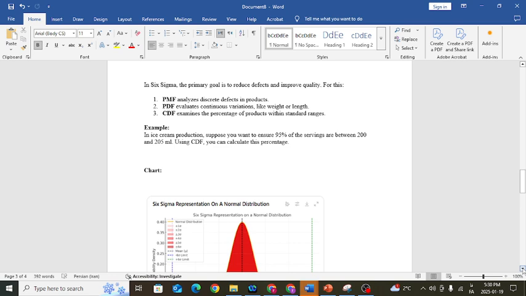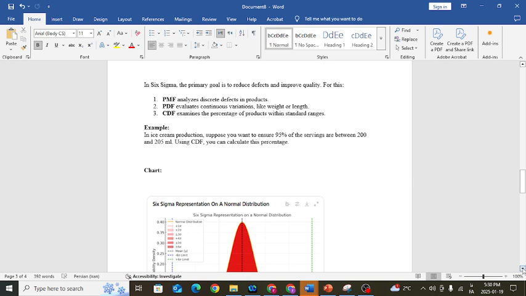So imagine that in ice cream production, suppose you want to ensure 95% of the servings are between 200 and 205 milligrams. By using the CDF tools, you can calculate this percentage.